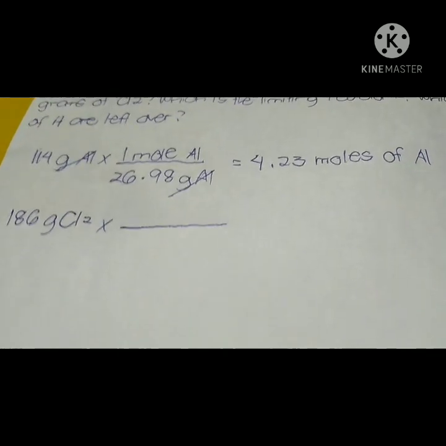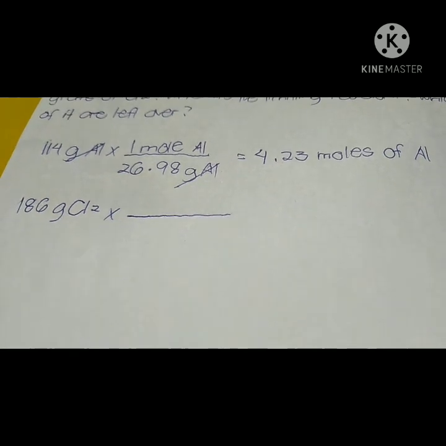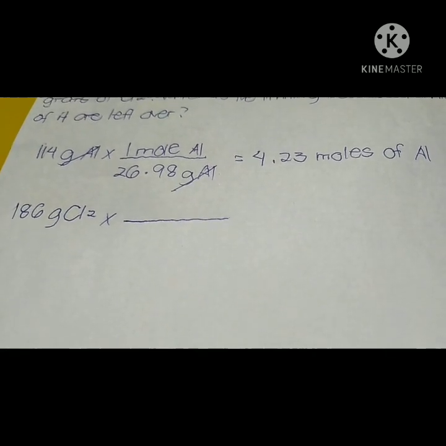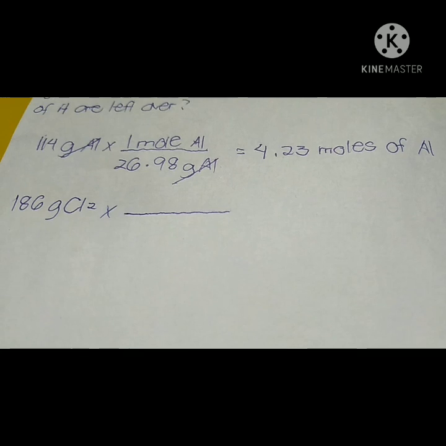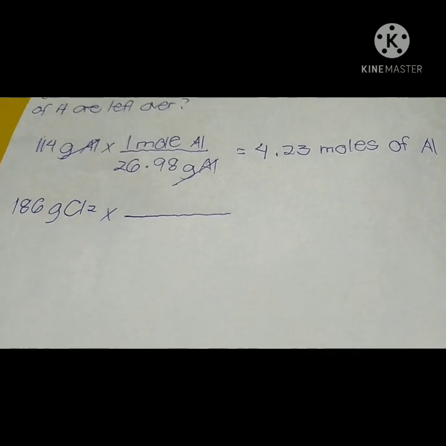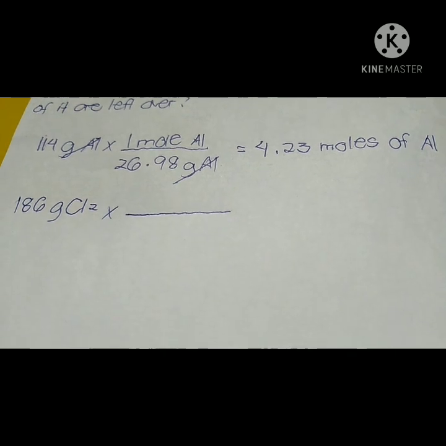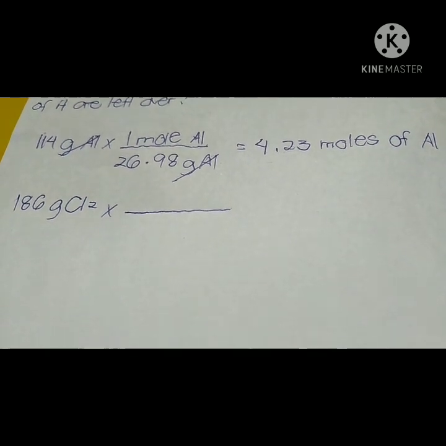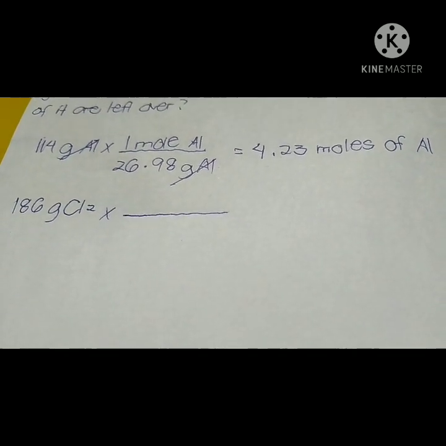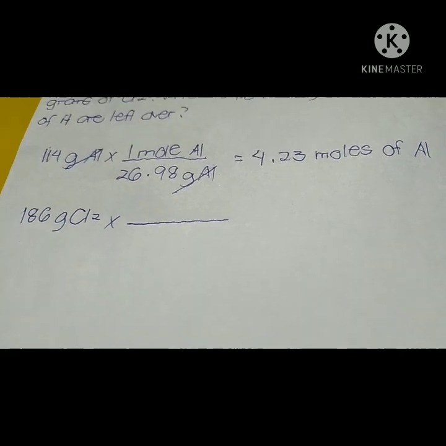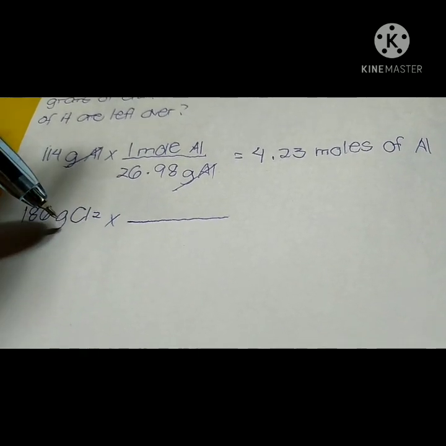Why is it 70.90? Because the molar mass of chlorine is 35.45, but because it's Cl2, we have to multiply it by 2. So that's why it is 70.90. So I'm going to multiply 186 grams of Cl2.